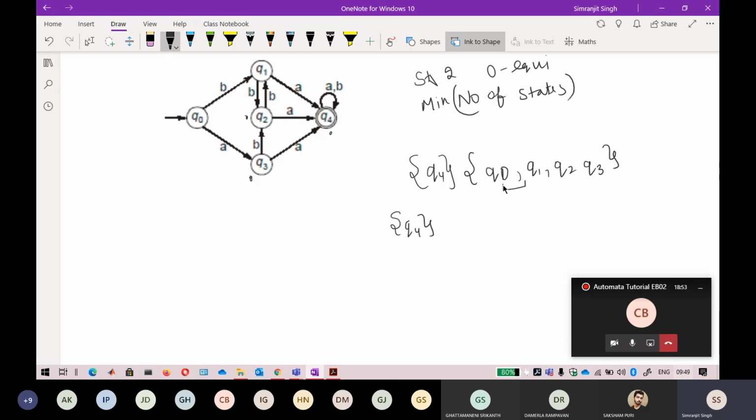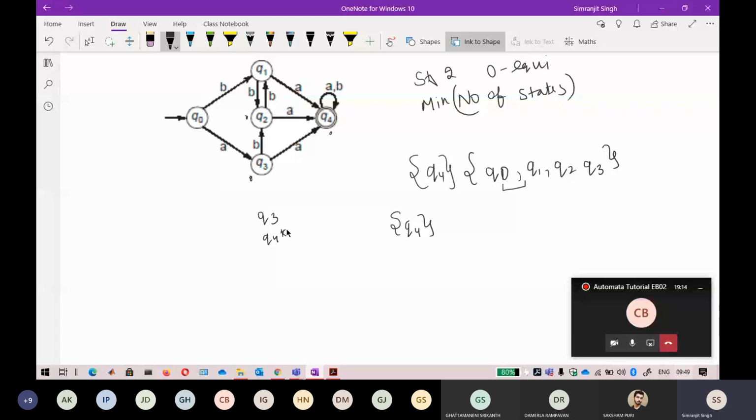Now Q naught on A and Q1 on A. If you check directly, you can also draw the transition table, which will avoid any kind of mistake, but you can also do it directly. So Q naught on A is going towards Q3 and Q1 on A is going towards Q4.